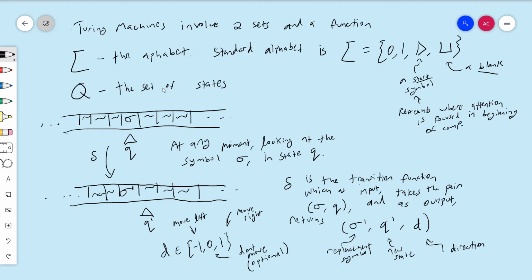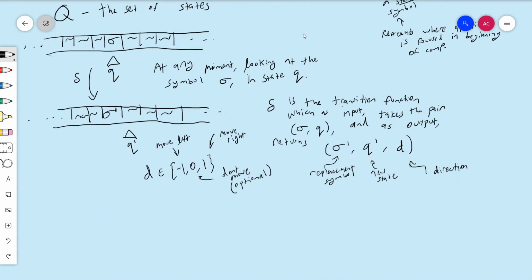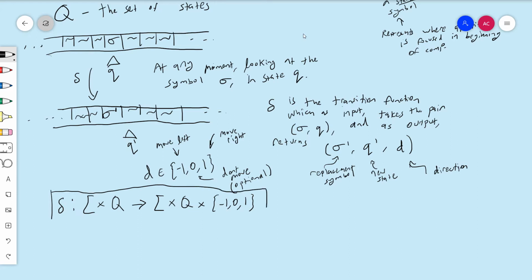And the transition function, if you're familiar with Cartesian products of sets, is a function that takes the product sigma cross Q to the product sigma cross Q cross {-1, 0, 1}. That's fundamentally the kind of object delta is.